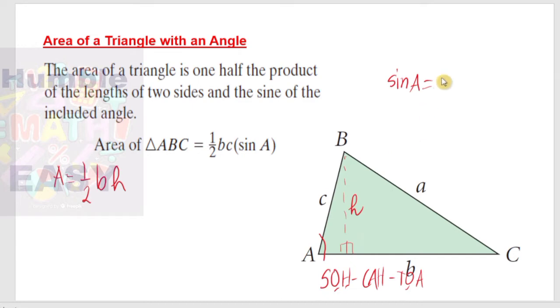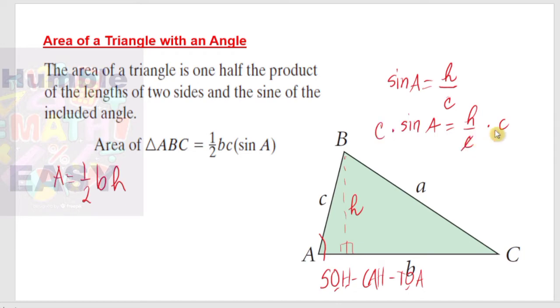The opposite is H, over the hypotenuse, which is C. Take note of that. Then all we have to do is multiply both sides of the equation by C.